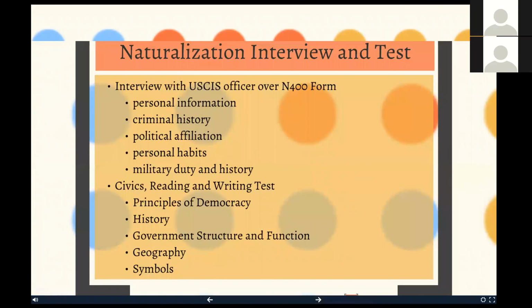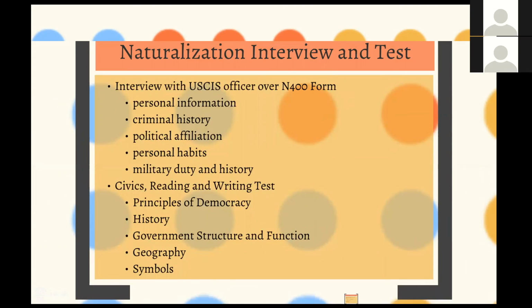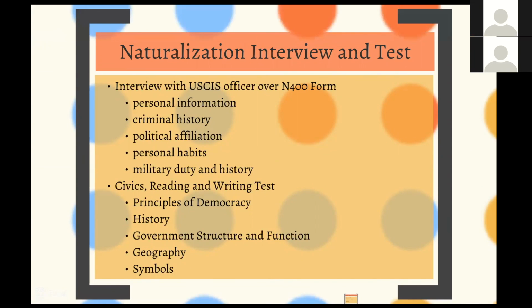So when your learners first start this process, they have to fill out their N-400 form and send it in to Immigration Services. After a period of time, they will be sent a notice to go take a biometrics test where they have to get fingerprinted in a government database.